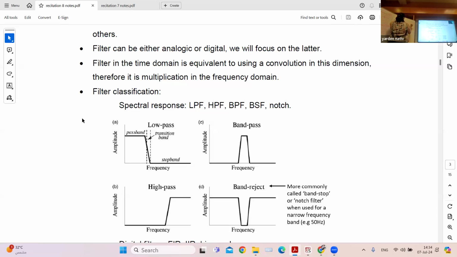It will be equal to 0 for f bigger than 4. And in between, when f is between 3 and 4, it will be linear. Let's see, we want to go from 1 to 0, so we need it to be linear, right? So it needs to be minus f.